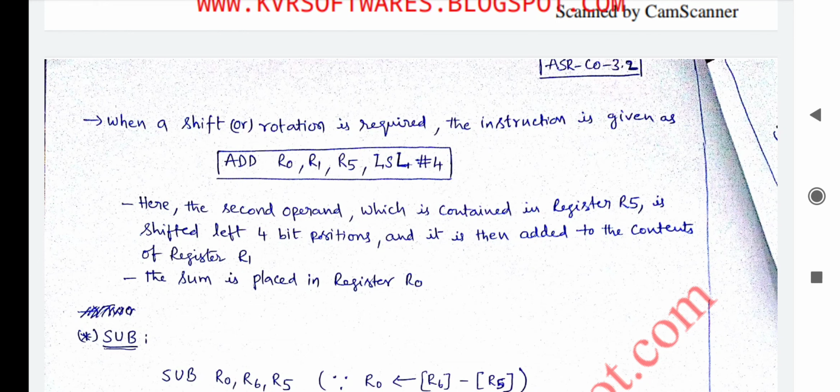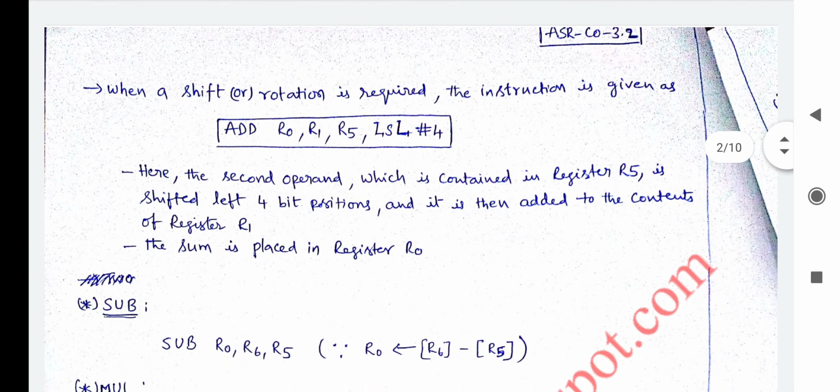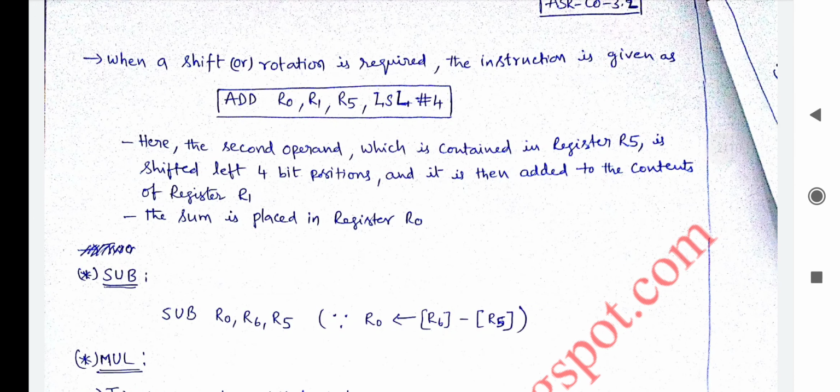The content placed in the R5 register is left shifted by 4 positions, and after that it is added with the content stored in register R1 and the result is stored in R0.